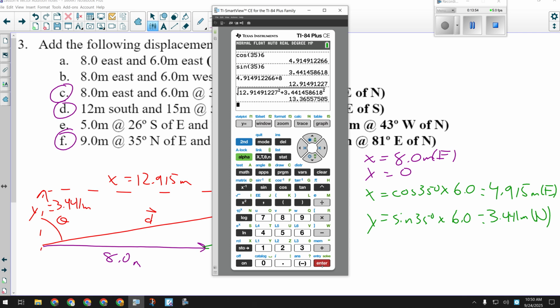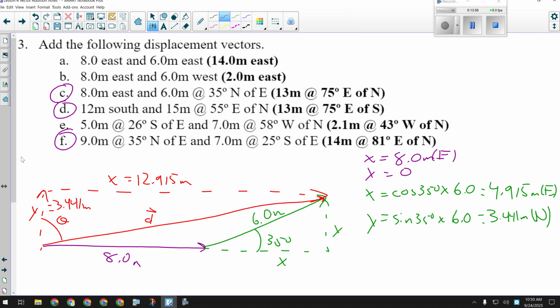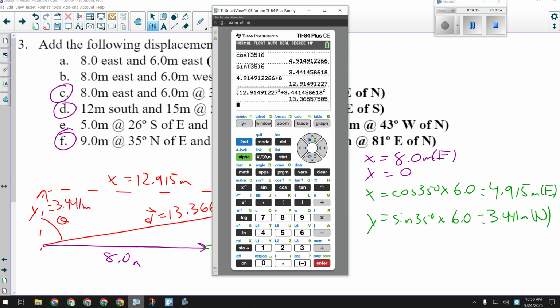So we got 13.366 meters. Then we just have to find the angle. So inverse tan of the opposite side, for me that was the 12 divided by the adjacent side, the 3.44.